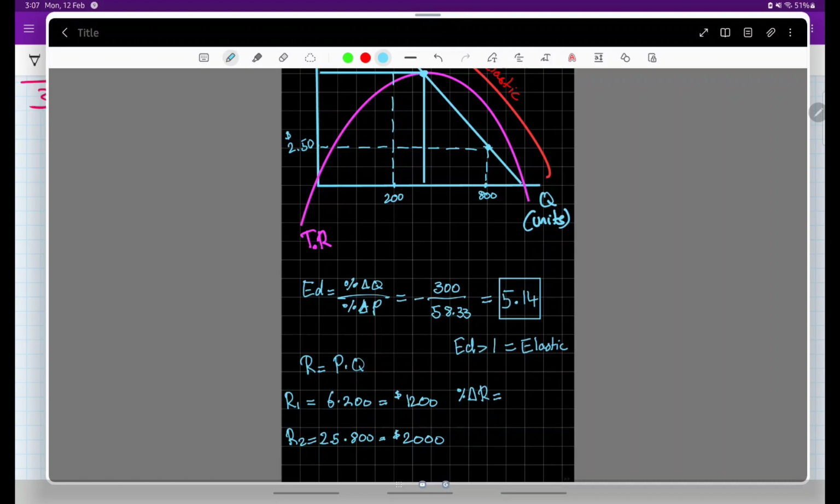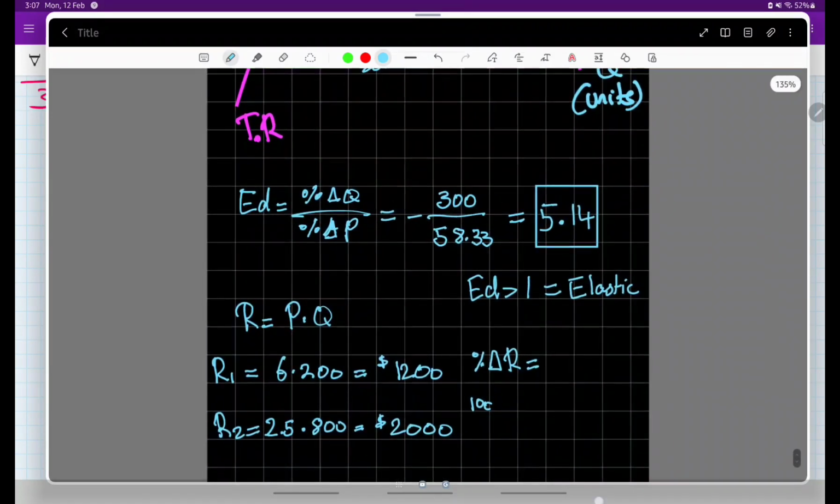percentage change in revenue, you would have, there won't be enough room, I'll just do it underneath. 100 multiplied by the final minus the initial divided by the initial.